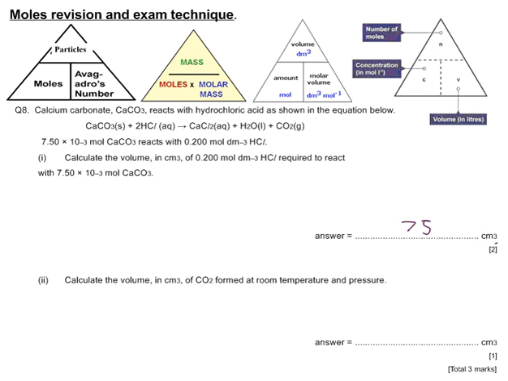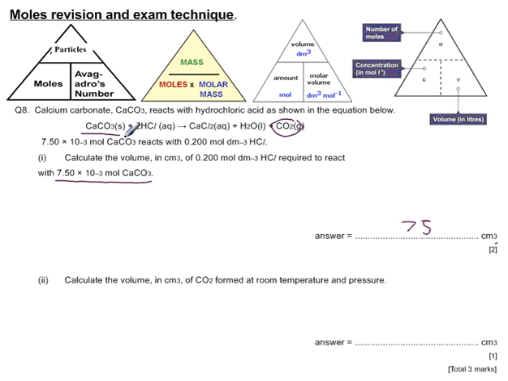Next part of the question says, calculate the volume in centimetres cubed of carbon dioxide formed at room temperature and pressure. Okay, so it's the carbon dioxide we need to find out about. So what information have we got? Well, we haven't got any information about the carbon dioxide at all. But we have got a number of moles for calcium carbonate. There's calcium carbonate.